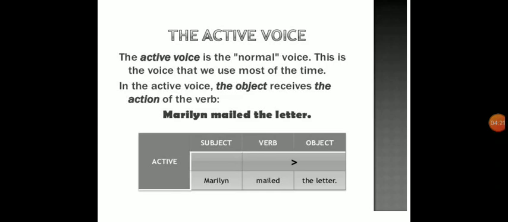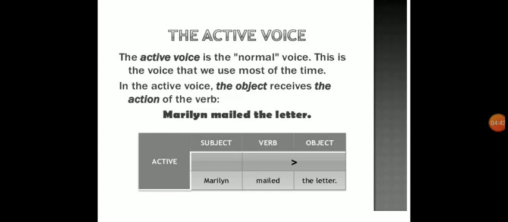So here you can see, Marilyn mailed the letter. In this sentence, Marilyn is the subject, mailed is the verb, and the letter is an object. So the active voice is the normal voice.